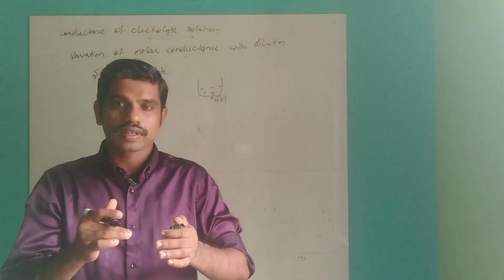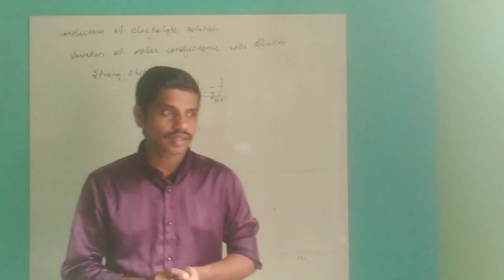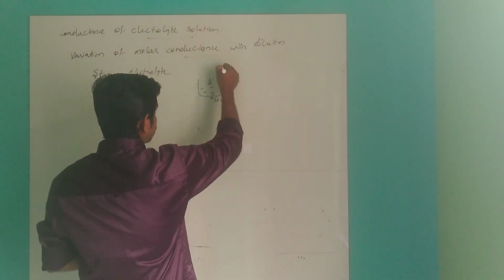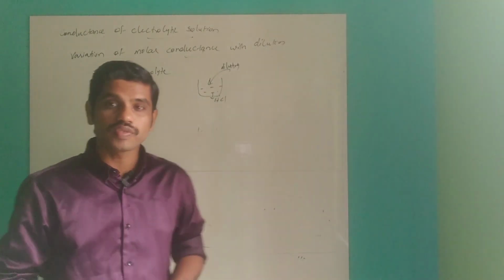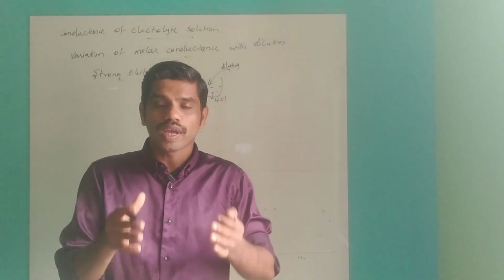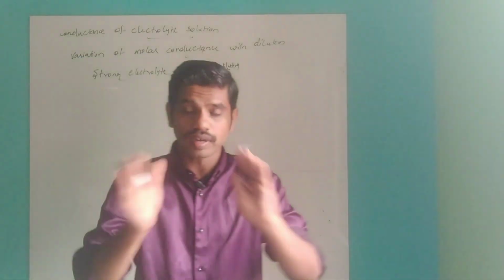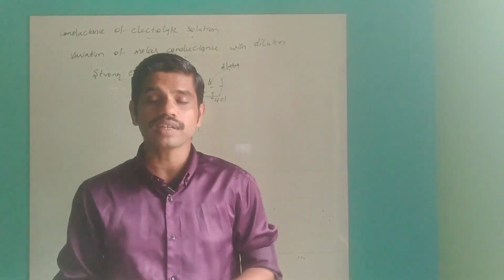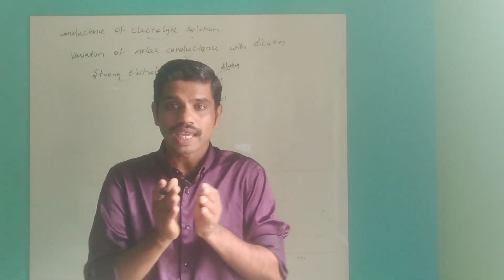You are measuring the conductivity, then adding water, diluting, again measuring the conductivity and plotting. So when you are adding water, dilution increases the number of ions. For a strong electrolyte, it's already 100% ionized, so the number of ions is not increasing, but the distance between the ions increases.